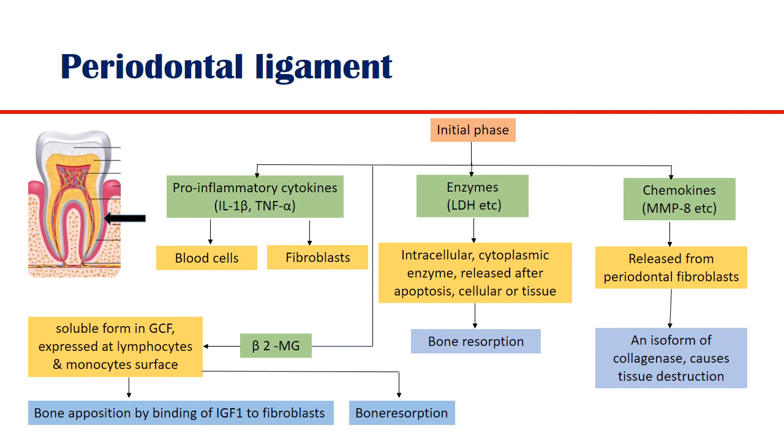Besides that, a few other enzymes are important like lactate dehydrogenase, TRAP, aspartate transaminase, which are going to cause resorption. Apart from that, you have alkaline phosphatase, which are enzymes which will cause bone deposition. Apart from that, you have matrix metalloproteinases, which are a form of chemokines.